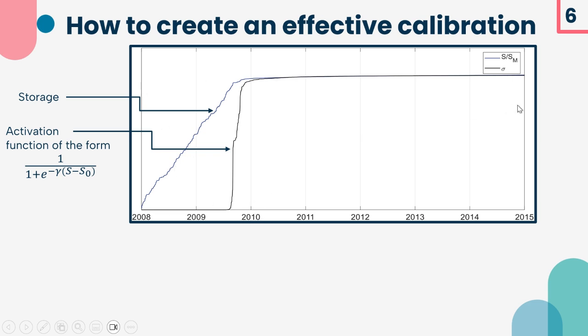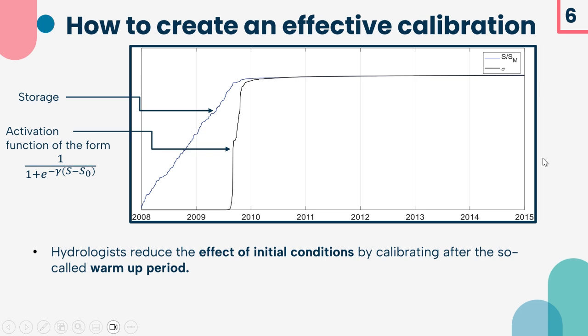After 2010, the growth becomes very slow. So we basically have a regime of fast dynamics and a regime of slow dynamics. We don't want to calibrate on this fast dynamics, as it only lasts for a short amount of time, and our model is not going to reflect this when we calibrate it. So we want to reduce the effect of initial conditions by calibrating after this period.